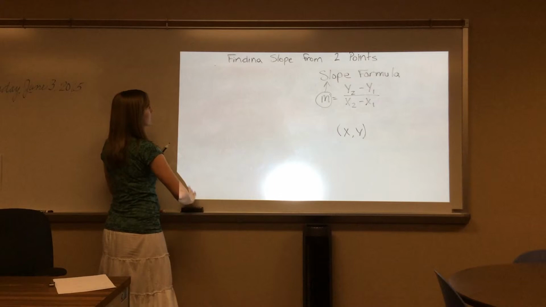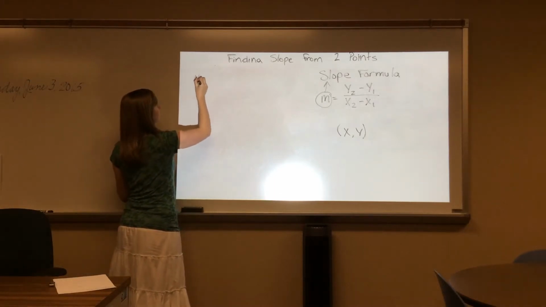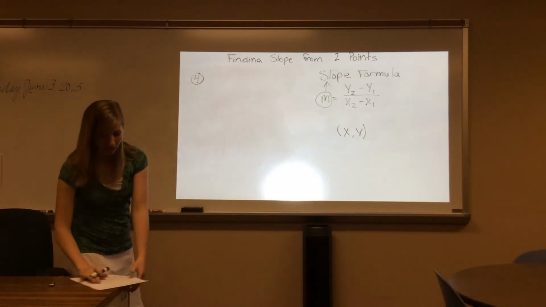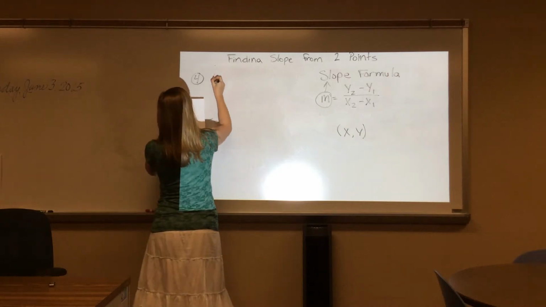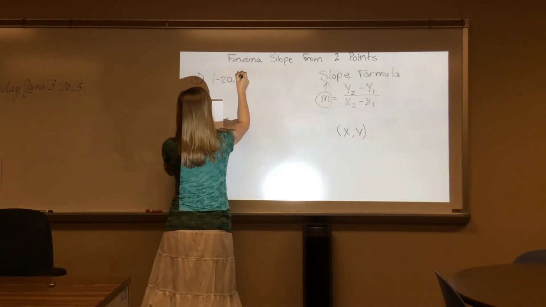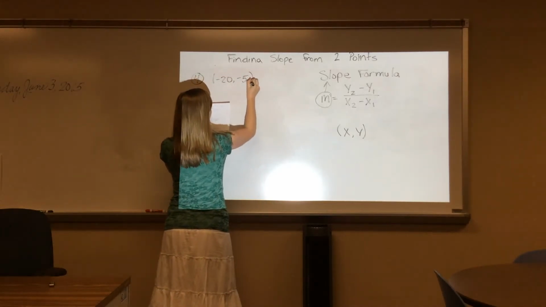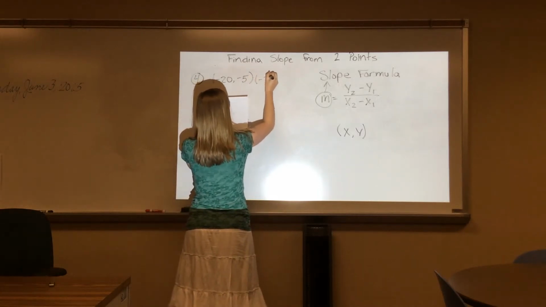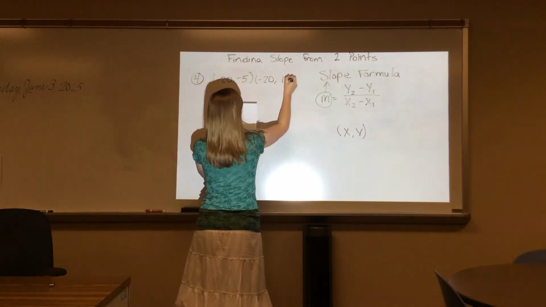Okay, stay with me because number 4 is a little bit different. Let's take a look. We've got negative 20 and negative 5. And we've got negative 20 and positive 11.